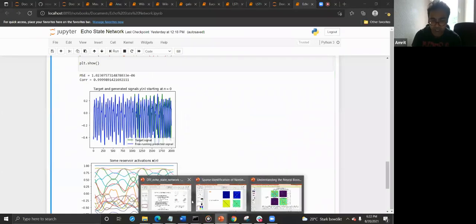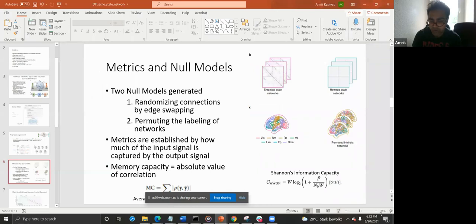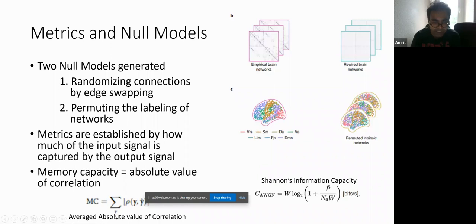The way she wants to quantify this, and I didn't quite like this, is she takes the absolute value of the correlation. This rho is really the Pearson correlation of y predicted and y true, and she literally just sums this over different time lags.